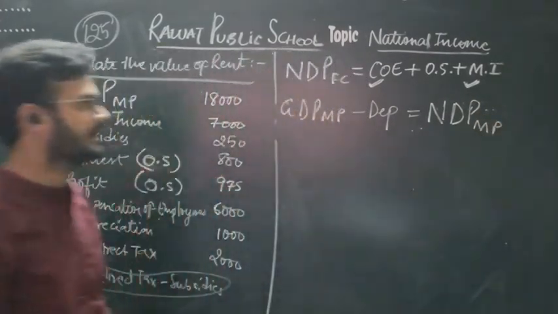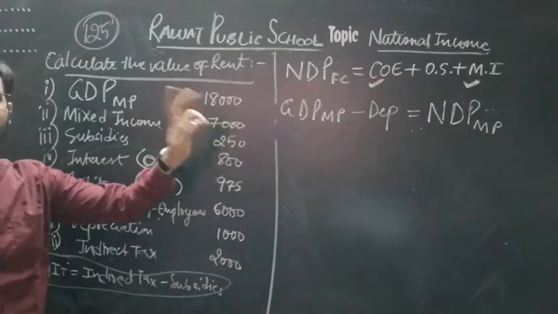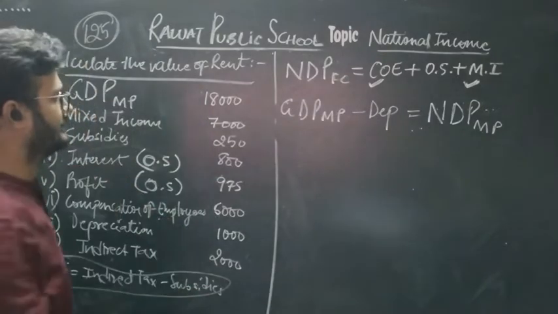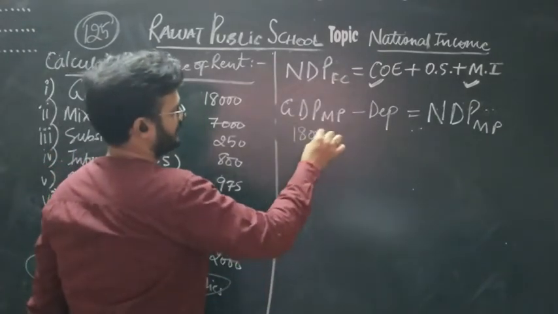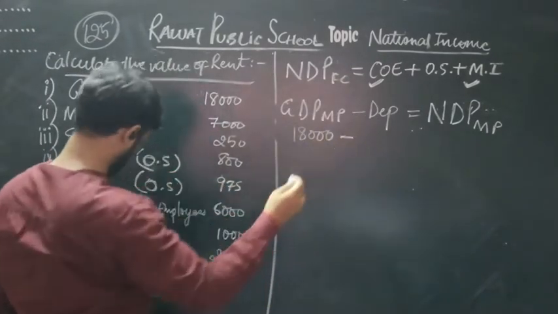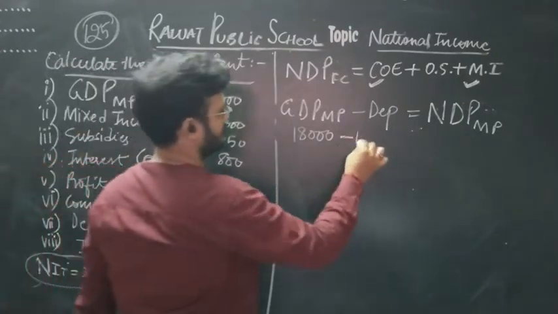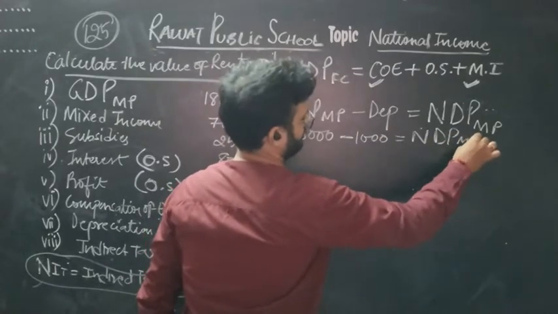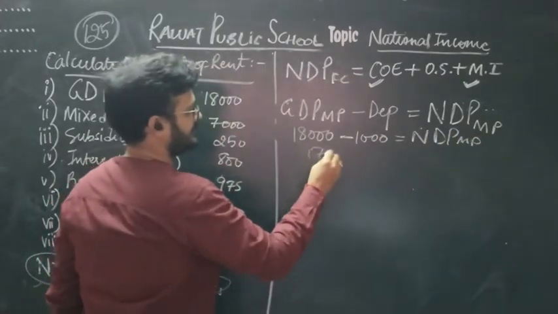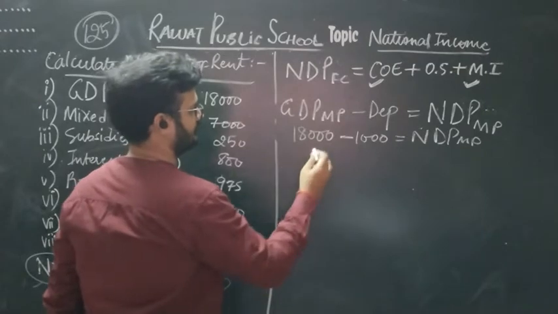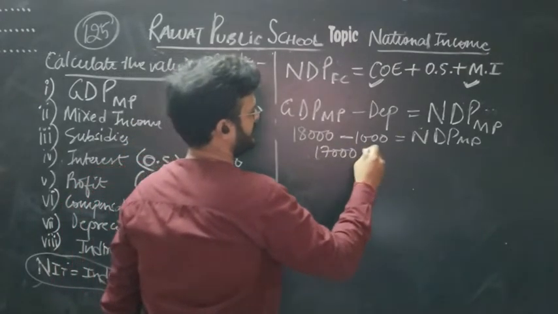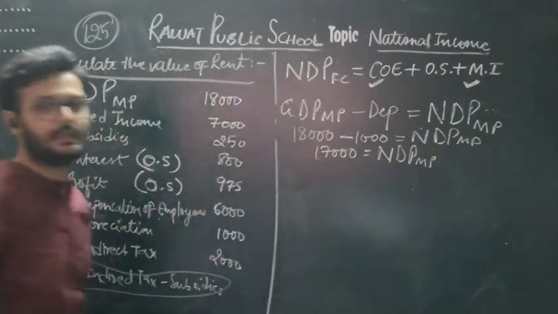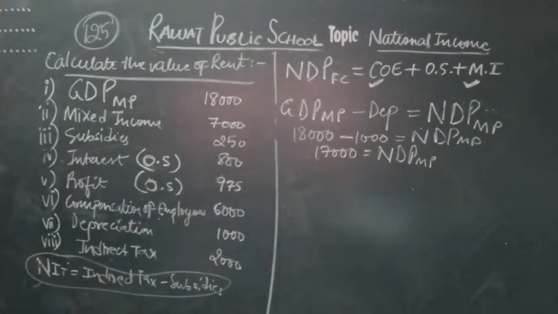As you see, I have only converted G into N. So 18,000 minus 1,000, that is our NDP at MP. That is 17,000 is our NDP at MP.